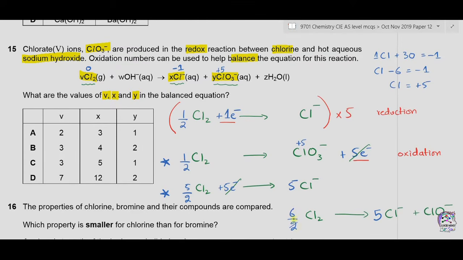Instead of 6/2 I can write 3, so V will become 3, X is equal to 5 moles and Y will be equal to 1 mole. So the correct option for V is 3, for X is 5 and Y is 1, so therefore answer is C.